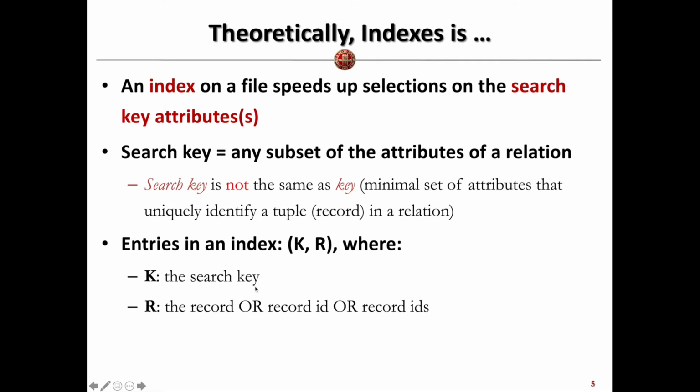In other words, given a search key, we can know which record matches the search key, and we can also access the full record via this R, the record IDs or the records. This is the data structure we can have for the index or index tables. We have entries to be this tuple K and R, the search key and records.